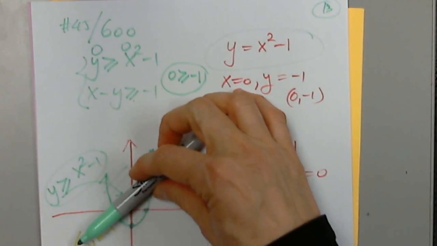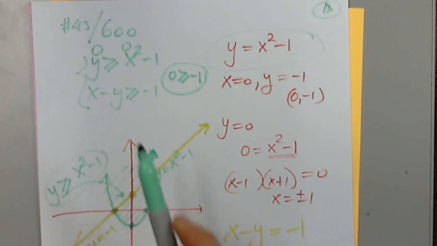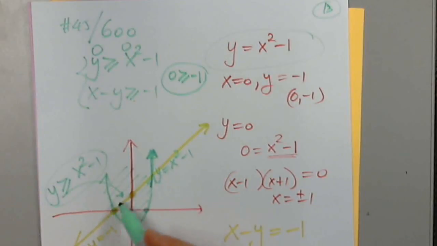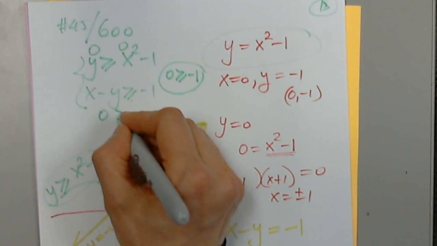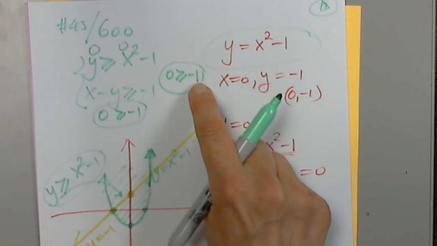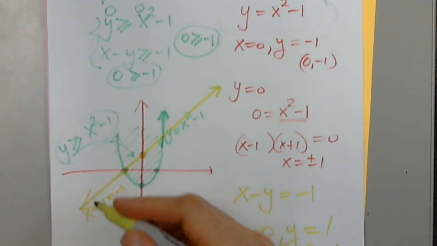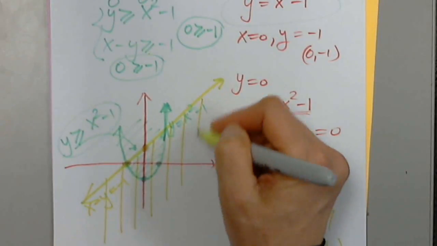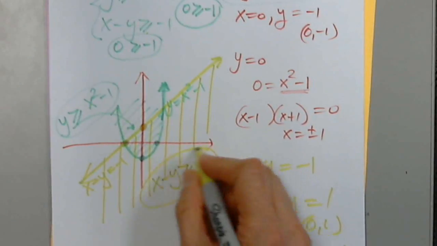So I see that the straight line divides the plane into two parts, the bottom and the top. So I'm going to use, because it does not pass through the origin, I'm going to use the origin again. 0 greater than or equal to -1. Since you already told me that that was true, you're not going to change your mind, I'm sure. So this is x minus y greater or equal to -1.